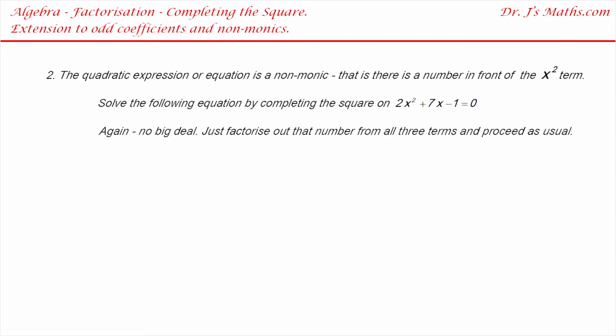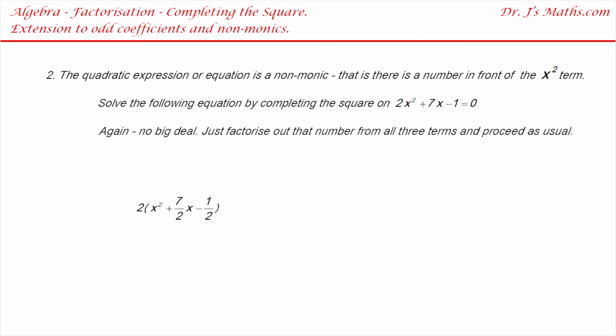Just factorise out the number in front of the x squared, which in this case is a 2, from all three terms and proceed as usual. So we divide through, taking out the 2, and so we put 2 outside the brackets, bracket x squared plus 7 over 2x minus 1 over 2, end brackets.